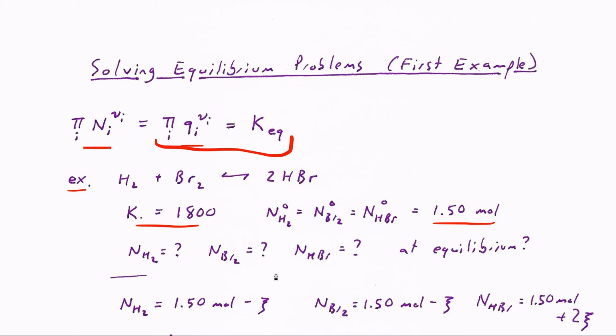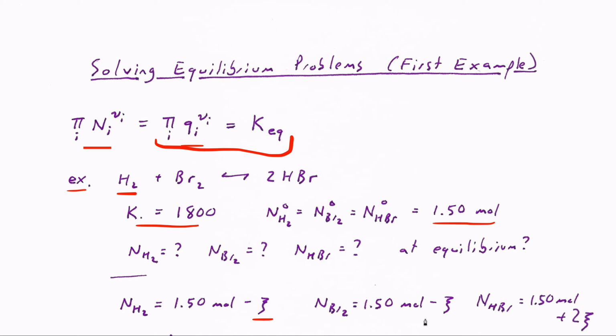The first thing we know is, even though we don't know how far the reaction will go, we don't know the value of squiggle, the extent of reaction, that if the reaction proceeds to an extent squiggle, then the number of moles of H2 will be the initial amount, 1.5 moles, minus that extent of reaction, because the stoichiometric coefficient tells us 1 mole of H2 is consumed every time the reaction goes 1 mole of times.